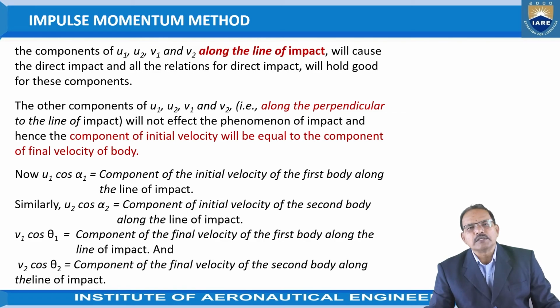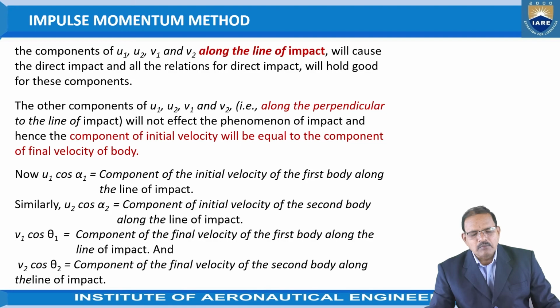So other components are there, which are perpendicular to the line of impact, that is u1 sin alpha 1, u2 sin alpha 2, v1 sin theta 1 and v2 sin theta 2, which are perpendicular to the line of impact, will not have any impact on the collisions.